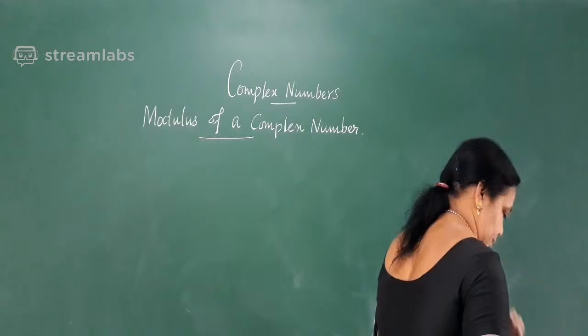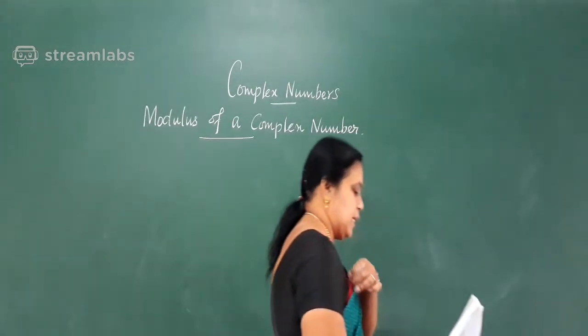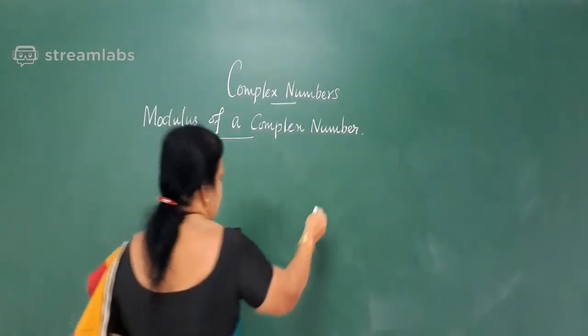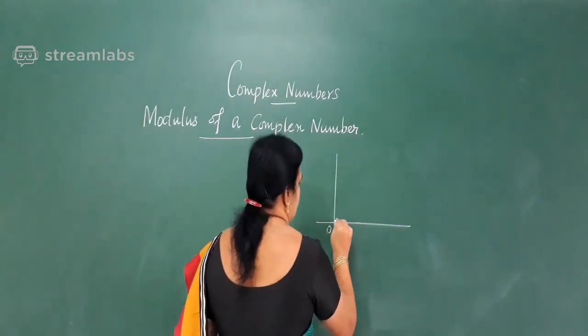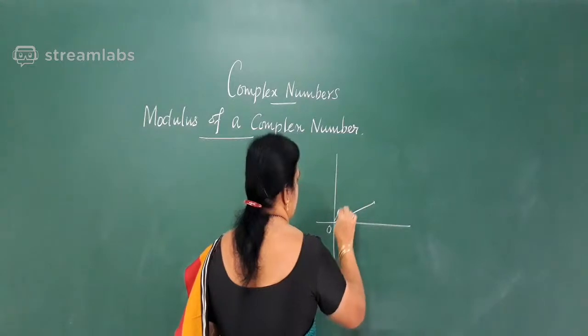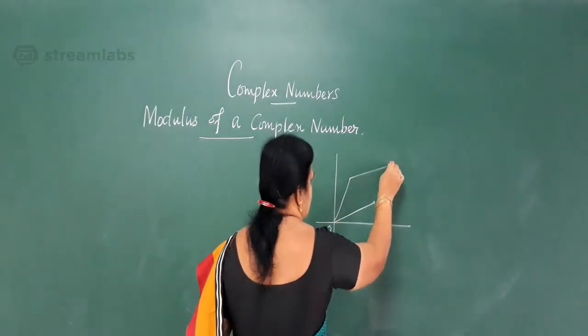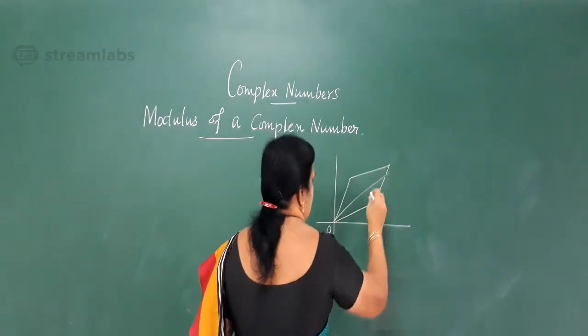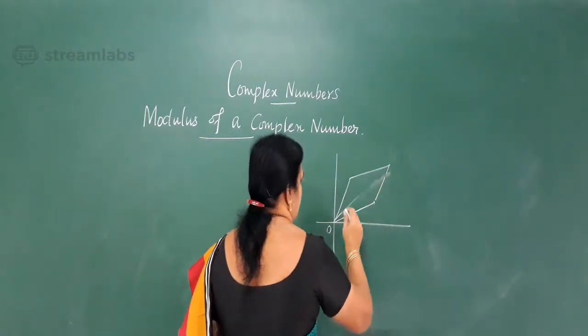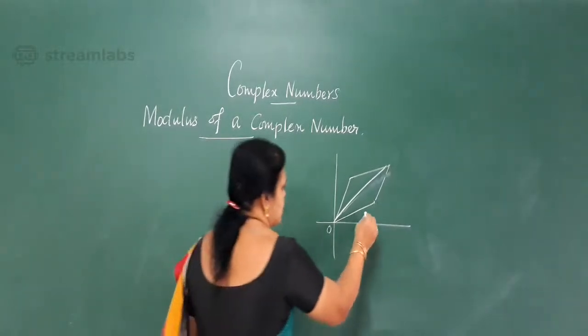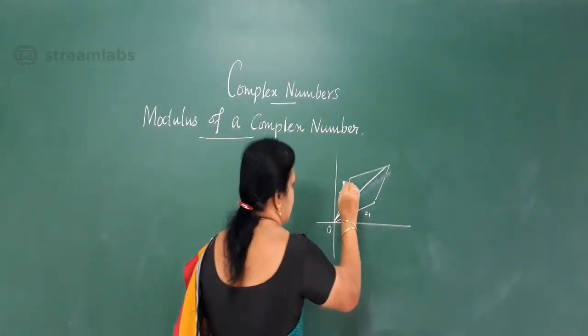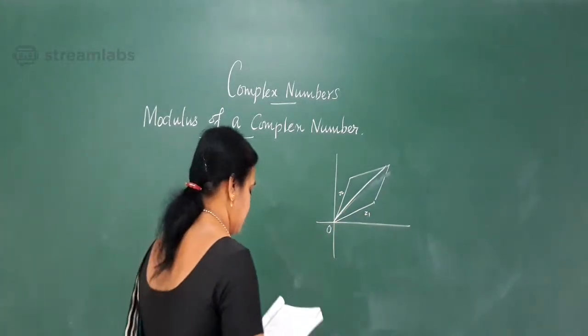Next one, geometrical interpretation. See, for this I am taking one origin. This is one vertex. This is another vertex. Just think about this. This is a triangle, isn't it? This is z1. This is z2. They have given it like this in your book.